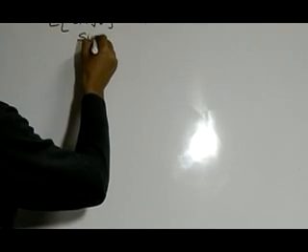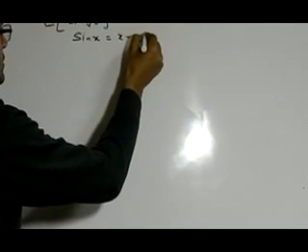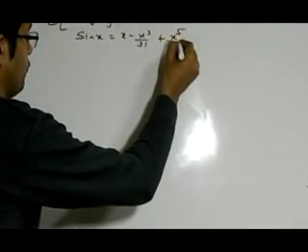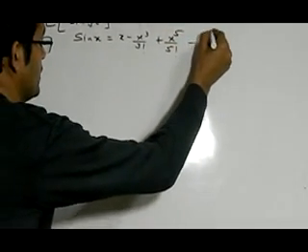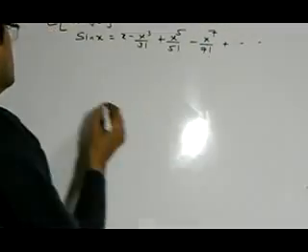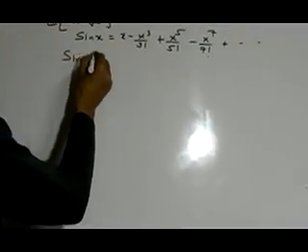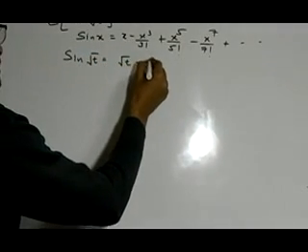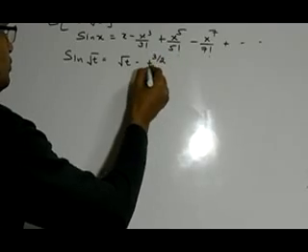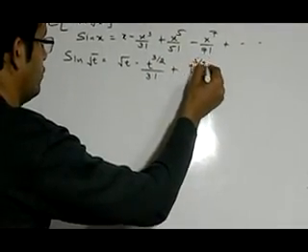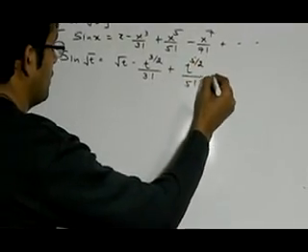We know that sin x can be written as x minus x cubed by 3 factorial plus x to the power 5 by 5 factorial minus x to the power 7 by 7 factorial plus and so on. Therefore, sine under root of t will be equal to root t minus t to the power 3 by 2 by 3 factorial plus t to the power 5 by 2 by 5 factorial minus and so on.